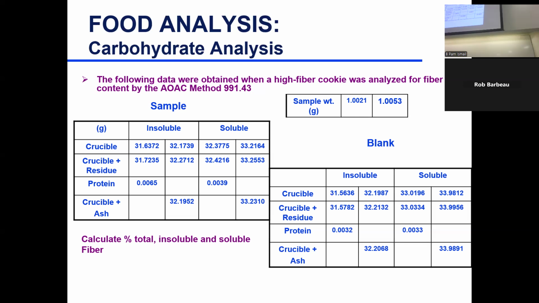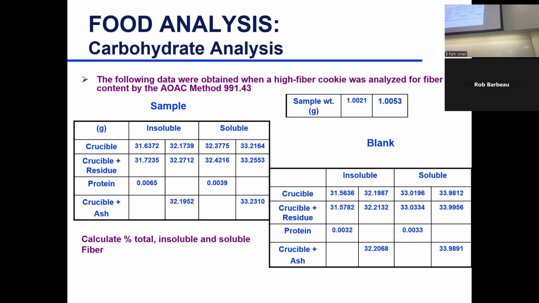So the difference between, let's say, the crucible plus the residue minus the crucible will give you the fiber, whether it's soluble or insoluble. And then one of the crucibles, one of the replications, that is, will be subjected to protein quantification, and the other replication will be subjected to ash quantification.